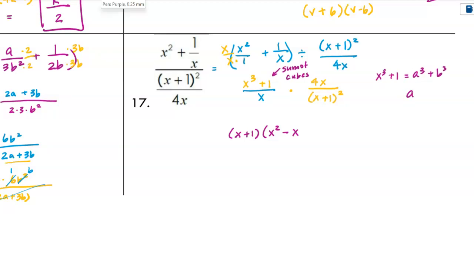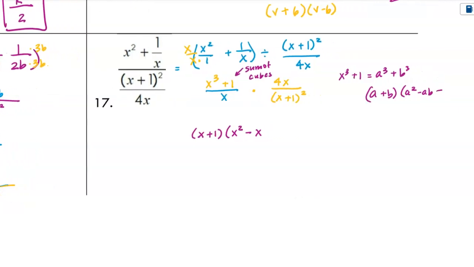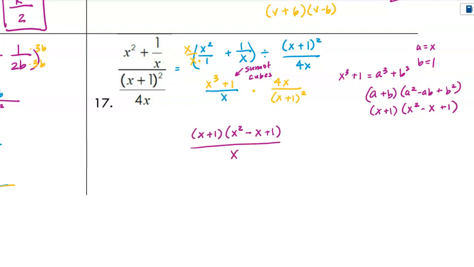So the a plus b, and then a squared minus ab plus b squared. So when you identify a as being x and b as being 1, that would be x plus 1. And x squared minus x plus 1, okay, over x times 4x, x plus 1 squared.